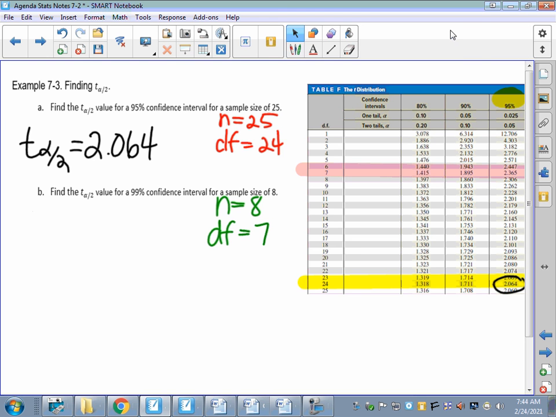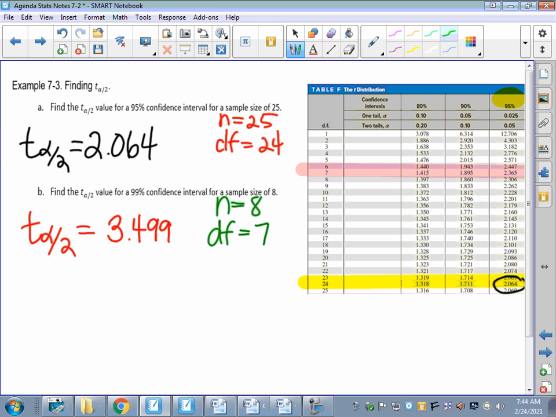I'm pretty sure I have that hiding back there, but I can't see it, so let me see what I wrote down. That would be a 3.499 for my critical value. I'm pretty sure this is the first time that I've called them critical values. The t value or the z value is called the critical value.